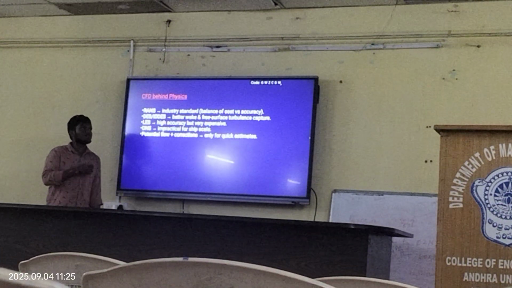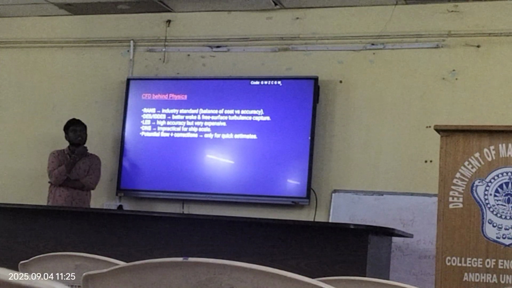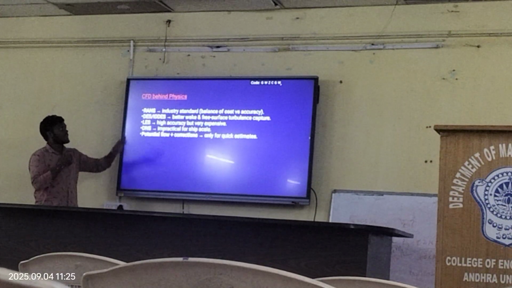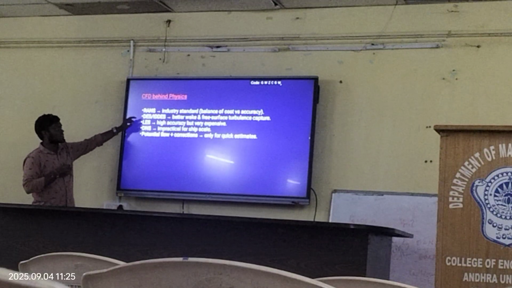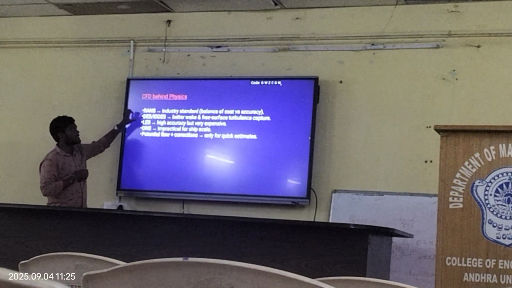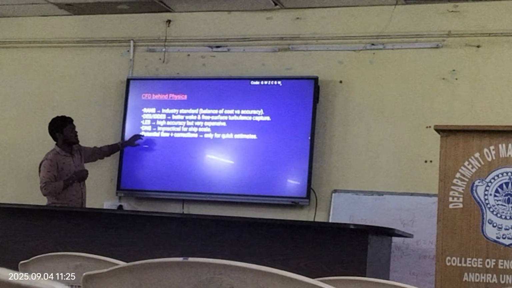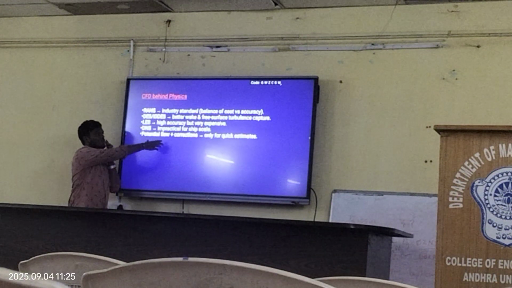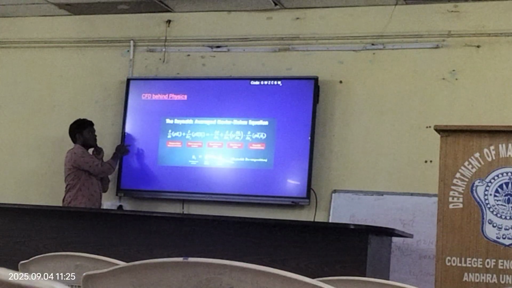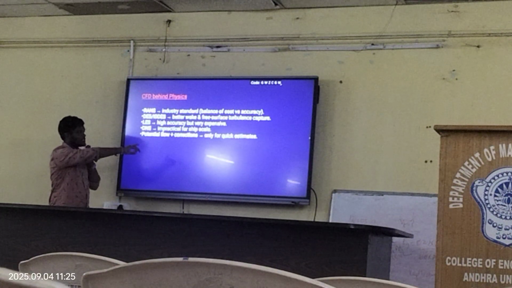These are the types of physics equations or physics methods that can be used. Other than the Reynolds averaged Navier-Stokes equation, we can use detached eddy simulations, large eddy simulations, direct numerical methods, and potential flow plus corrections. Potential flow is generally concerned with inviscid and incompressible flow and such.